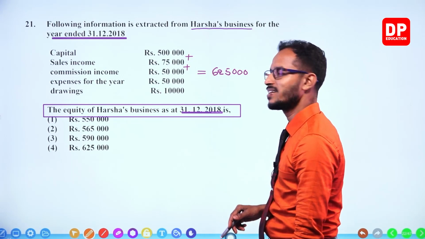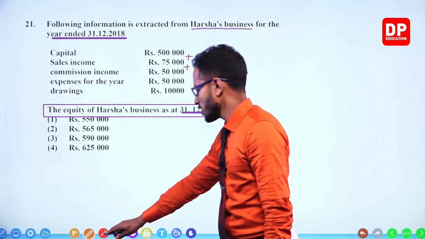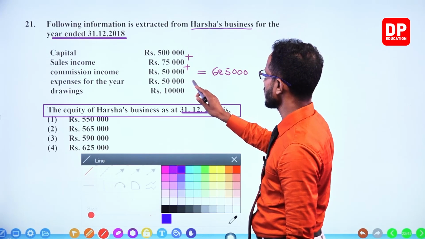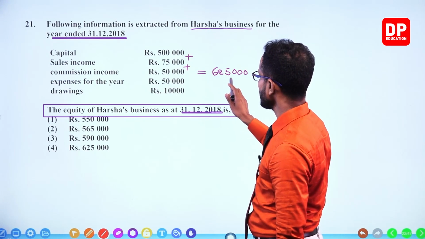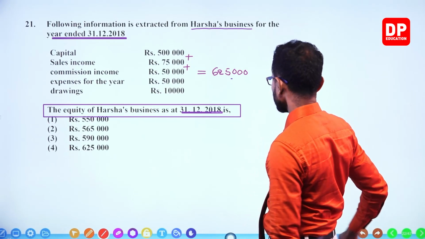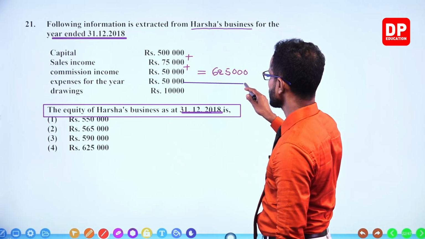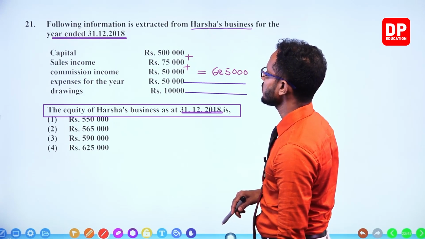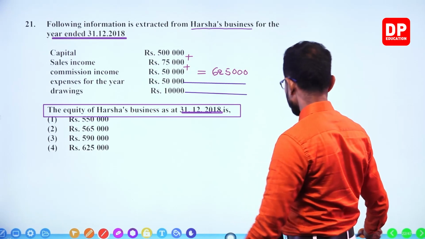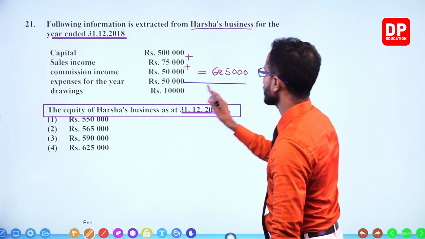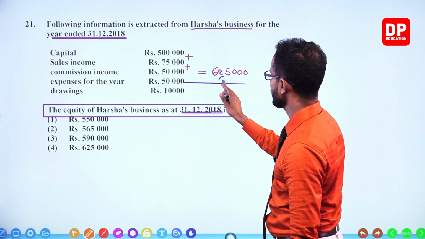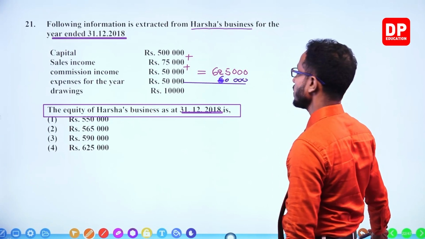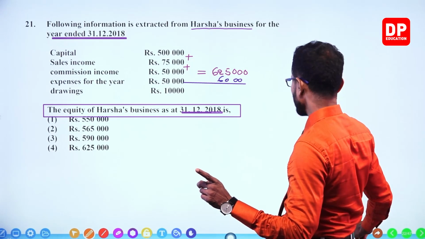From that, expenses should be subtracted. So 50,000 should be subtracted, and drawings 10 should again be subtracted. That means 50 plus 10, 60 should be subtracted.